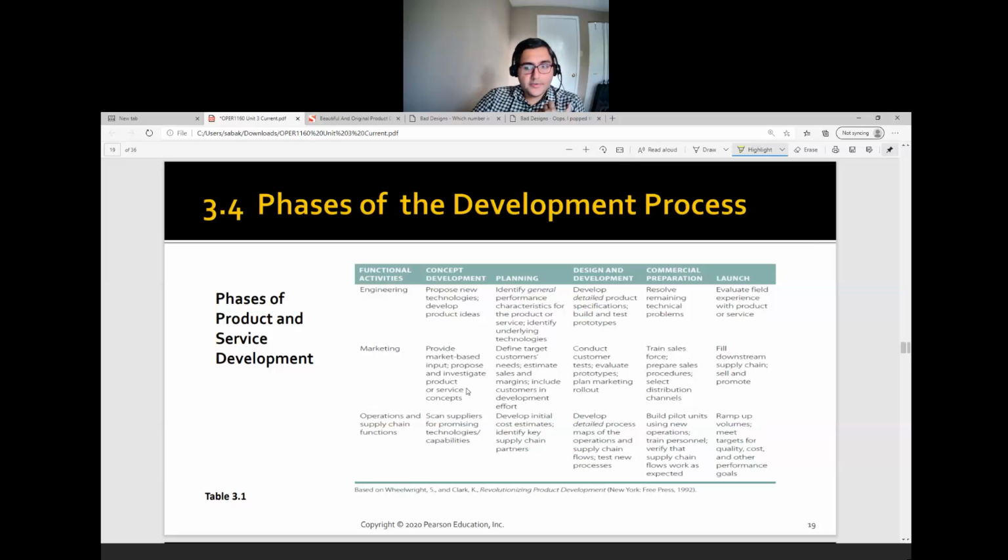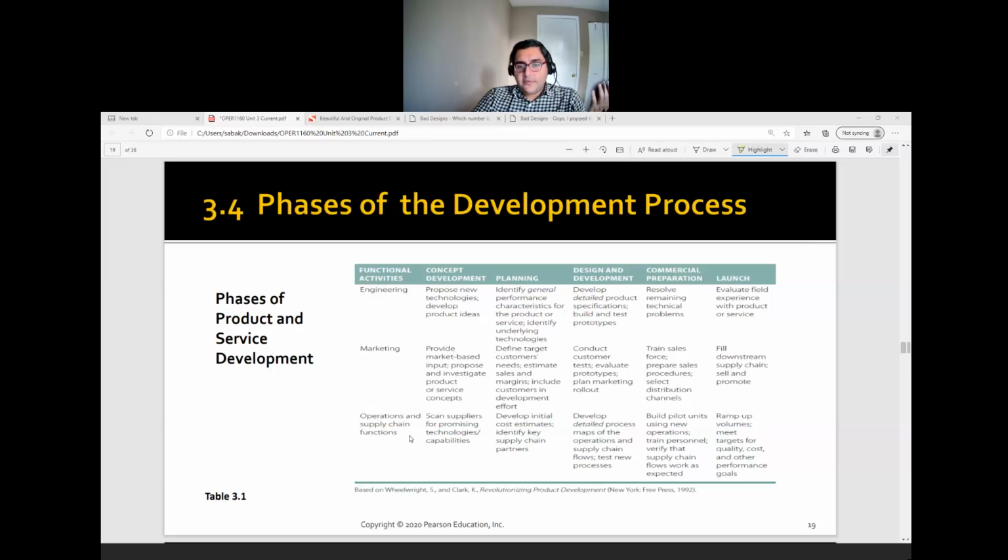Let's think of engineering as an example. The role of engineering in the concept phase is to propose new technologies, to come up with new ideas. But the example of marketing would be different. So how does marketing come up with new concepts?